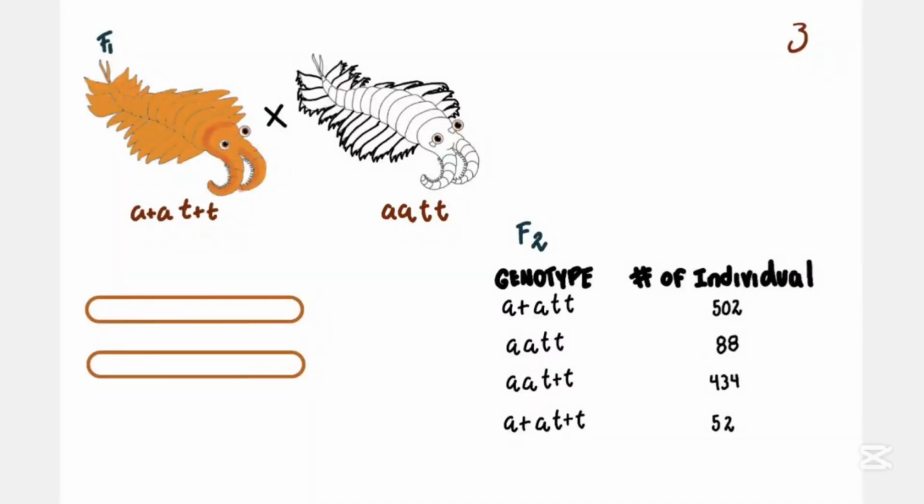Let's dive into the next question. Are these alleles in coupling or repulsion? A good trick to find out is comparing the different genotypes of the progeny. As we know, since crossing over doesn't happen as often between linked genes, most of the progeny will be non-recombinants, which means they'll have the same genotype as the parents.